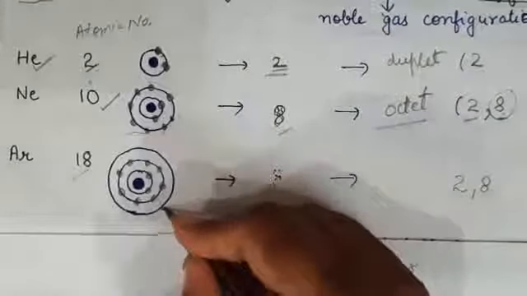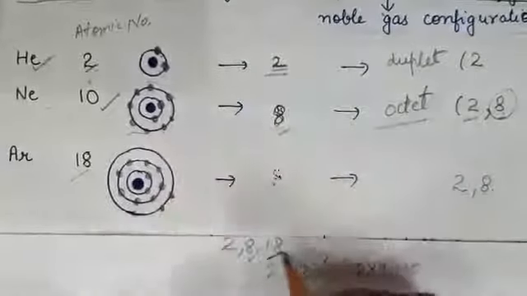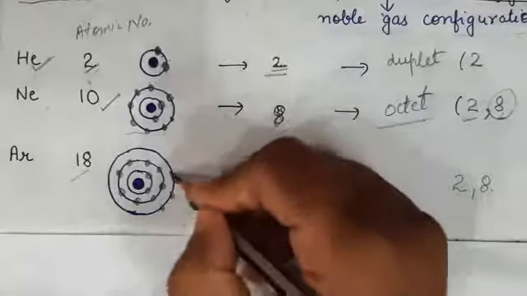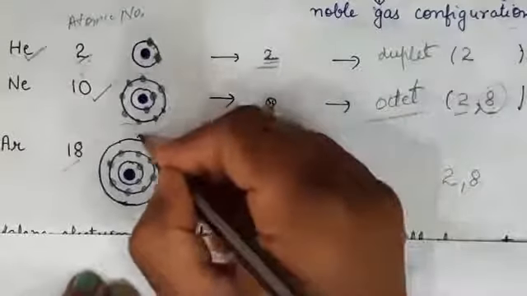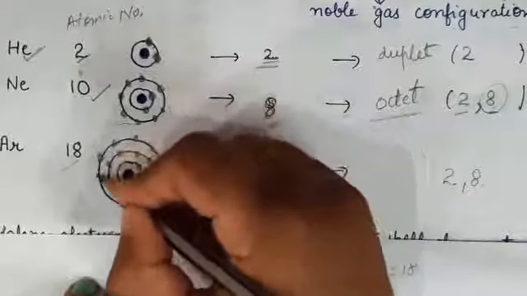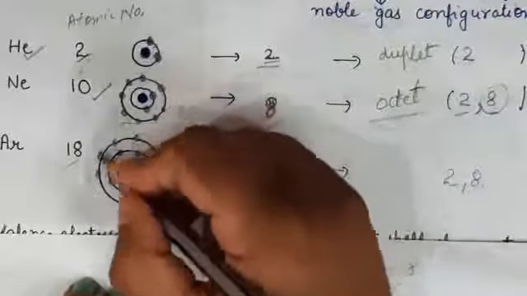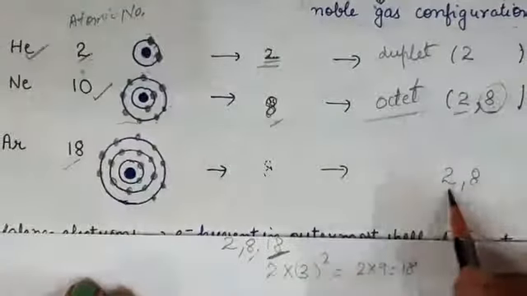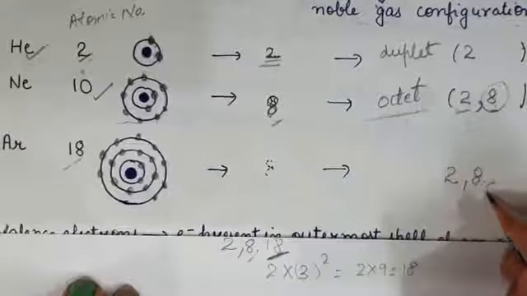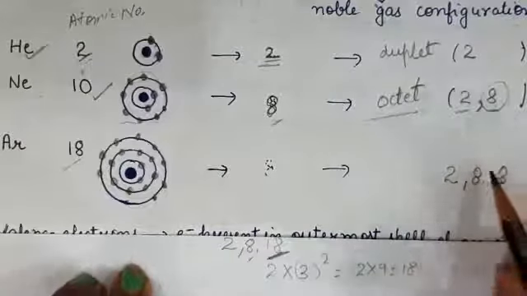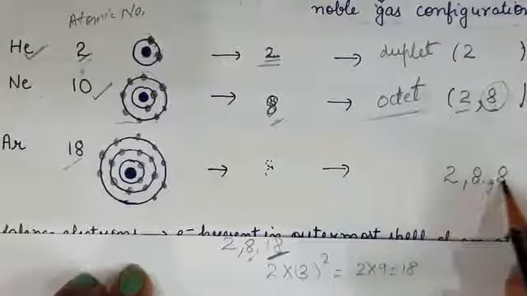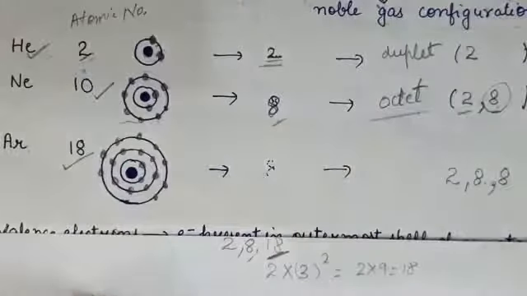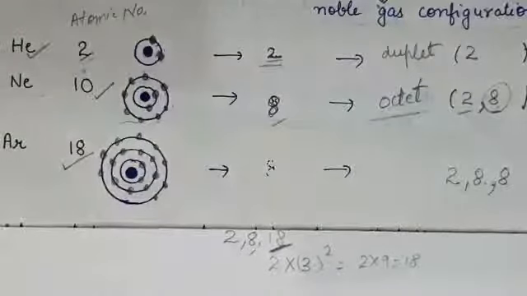So 8 electrons in the last shell, because the third shell can accommodate 18 electrons, so you can fill 8 electrons easily. First shell 2, second 8, third also 8. So 2 plus 8 is 10, 10 plus 8 is 18. 18 electrons are filled. Just apply the 2n square rule simply.